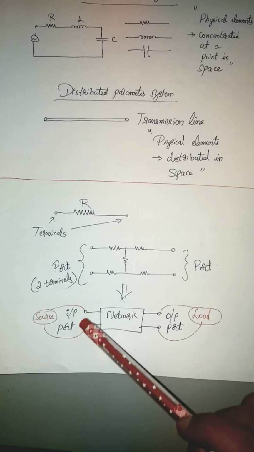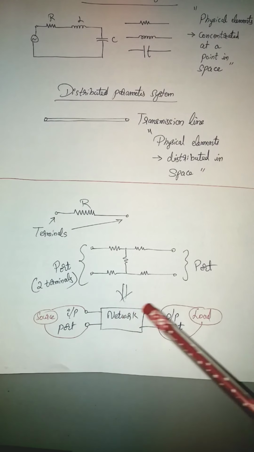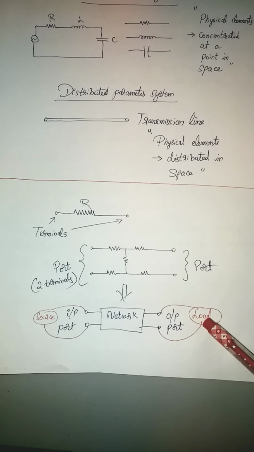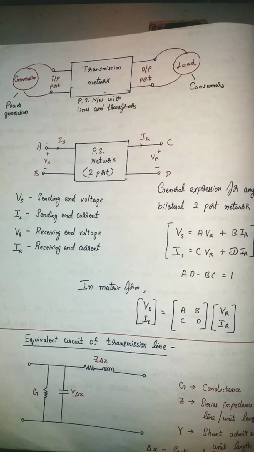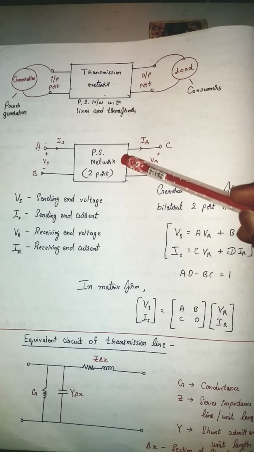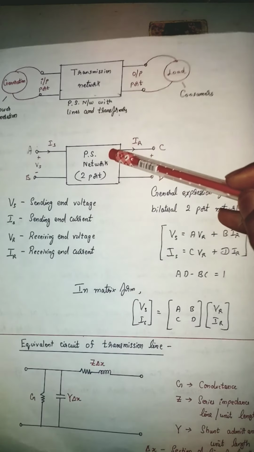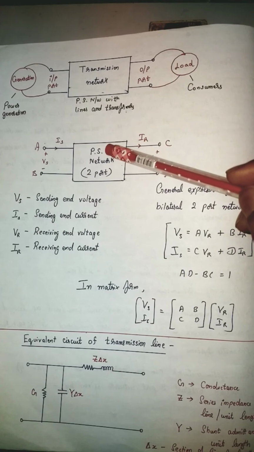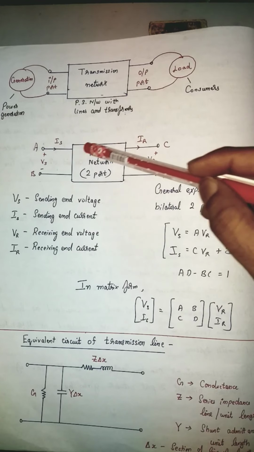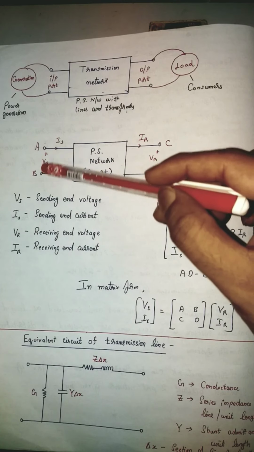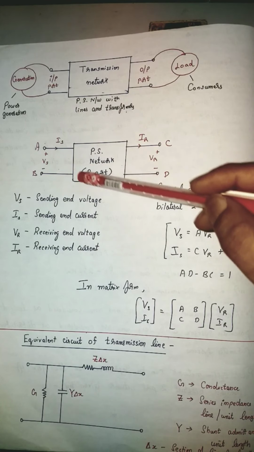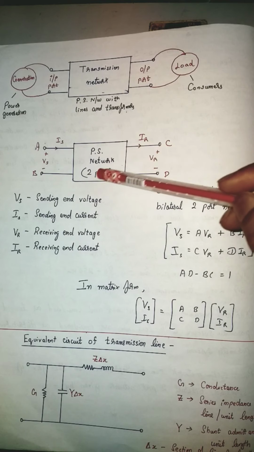At the input port you'll be connecting the generator, at the output port you'll be connecting the load, which is nothing but the consumer. Now let us go further. So the entire power system, for that matter, can be considered as a standard 2-port network containing input port, output port, and the transmission network in between over here.